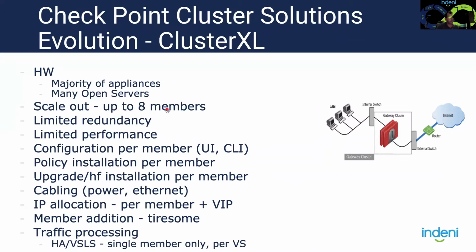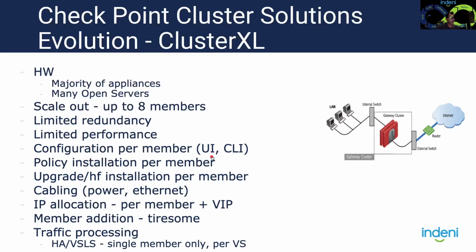The most common are 2 and 3 members in a deployment. Sometimes I have seen 4, but it is officially supported up to 8. Obviously, this is limited redundancy and limited performance, since nowadays this is a low number of computing nodes when we're talking about 2020.